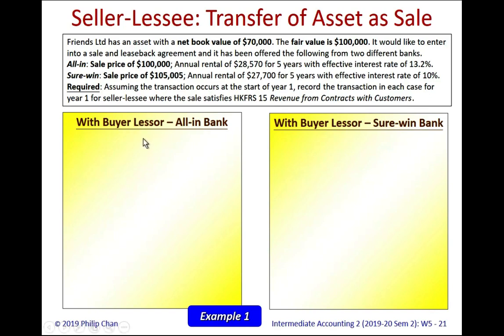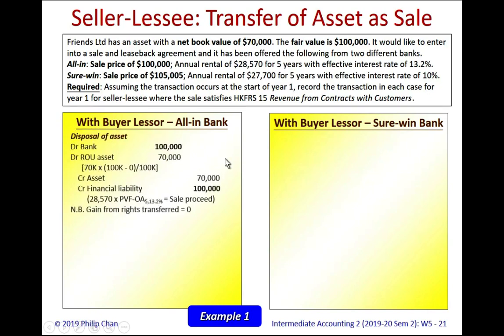Let's do it in 2 steps. If you imagine you are selling something, of course you would debit the money that you received, which is 100,000, and at the same time you remove the asset cost. So that's how you do it: debit bank 100,000, credit asset 70,000.